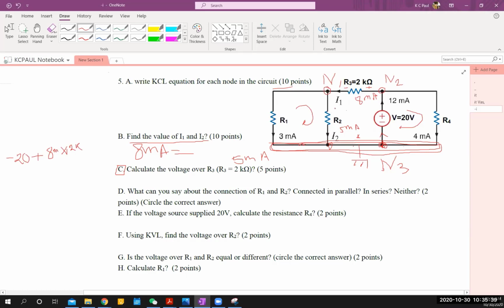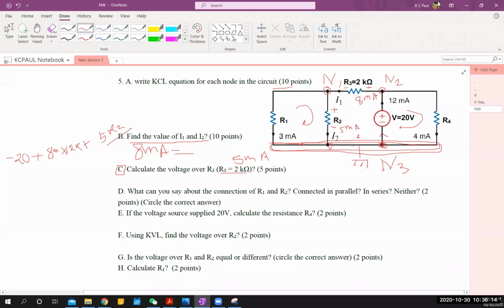And then you come up across R2. R2 has 5 milliamps, current flowing from top to bottom, so plus here and minus here. That means another drop, so plus 5 times R2. What do we have to find out? R3 is this, right? From this expression, you can easily find out R2.